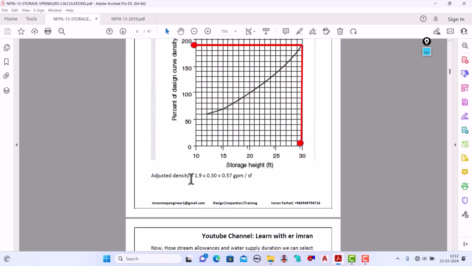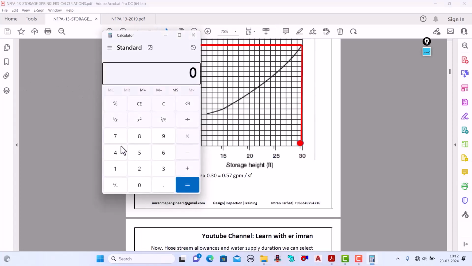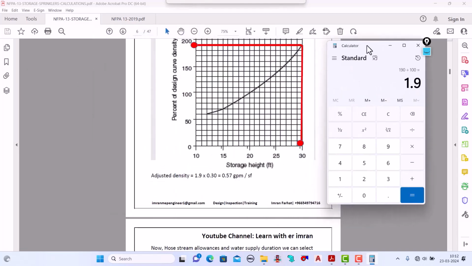When we convert 190% into a decimal, see here, 190 percent, it will come 1.9, and 1.9 multiplied by our actual density on the basis of 20 feet height, which is 0.3, right?